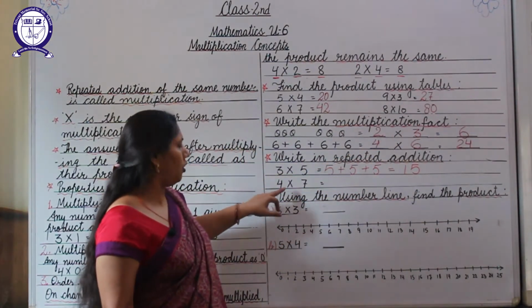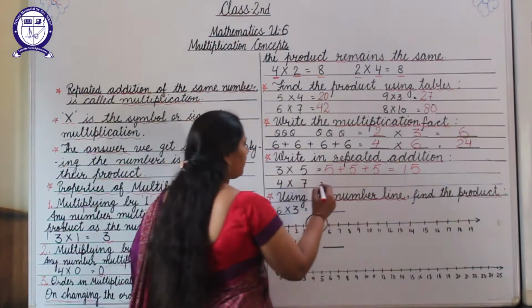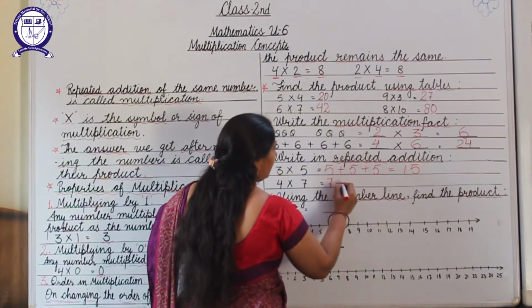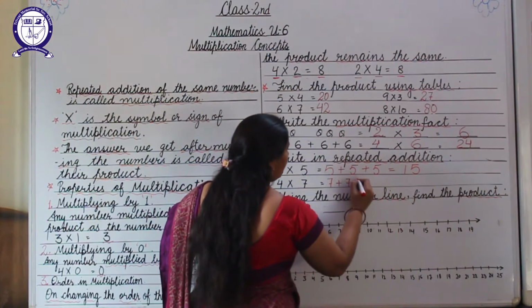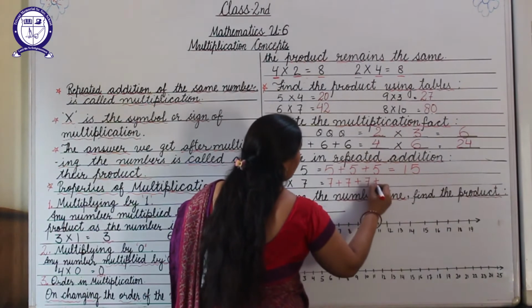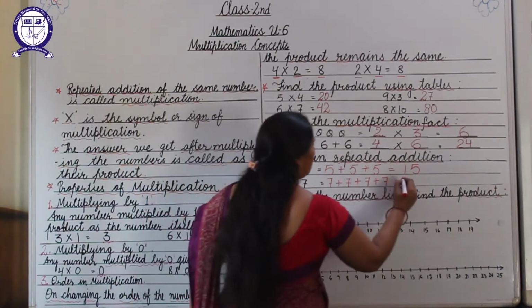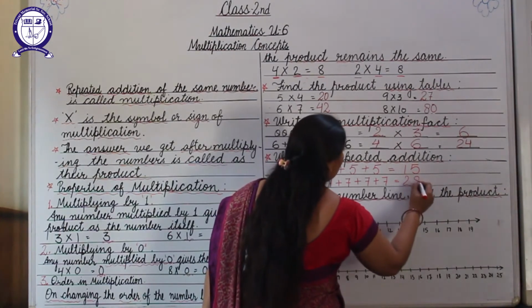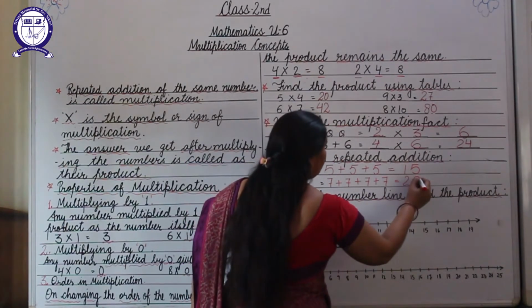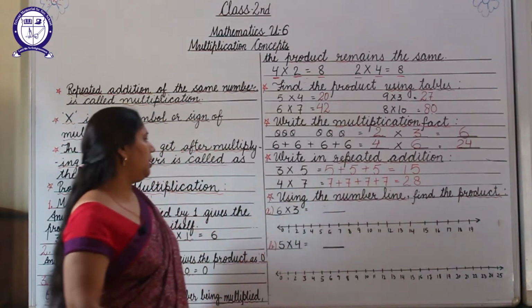So let's do 4 times 7. 1 times 7, 2 times 7, 3 times 7, 4 times 7. So 4 sevens are 28. You have to learn the table. Okay, come to the next question.